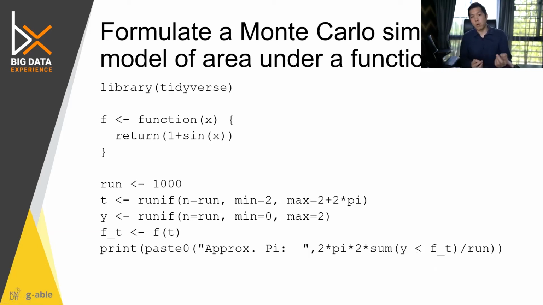If it's true, it will be 1. If it's false, it will be 0. Then divided by the number of runs, you get the proportion, and multiply by the 2 pi times 2, then you get the area. The number of random points, correct. So that is how this works, right?